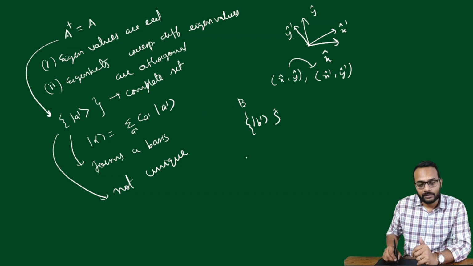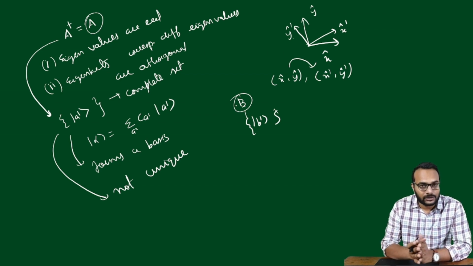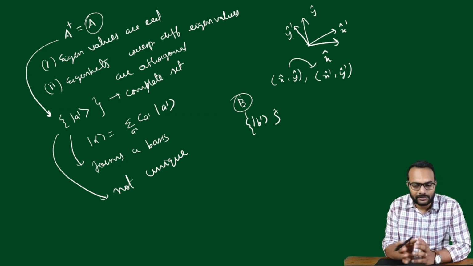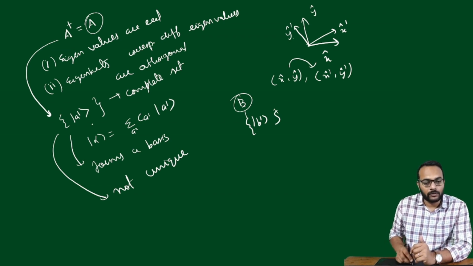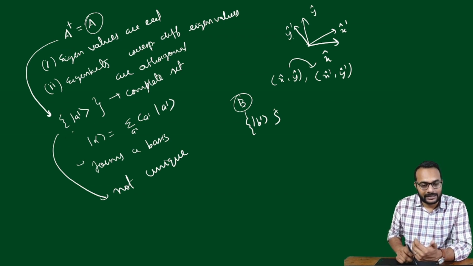Once we identify two operators A and B, we'll come to the details of this, what's the condition, etc. But for now, if there are two operators A and B, then we are interested in two different sets of base vectors. And there are transformations which will take us from one basis to the other basis.